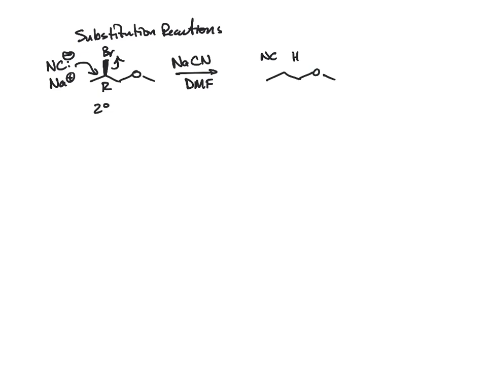I think the dashes have it. So the cyano group's going to be this, and then the hydrogen's going to get the wedge. So see that the hydrogen, I didn't draw it here, but when this attacks, it's now coming forward, and so this has to be in back.